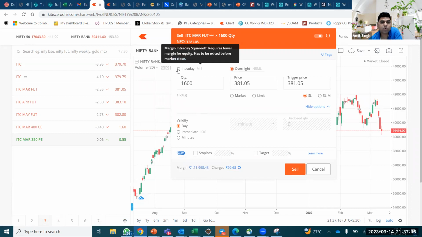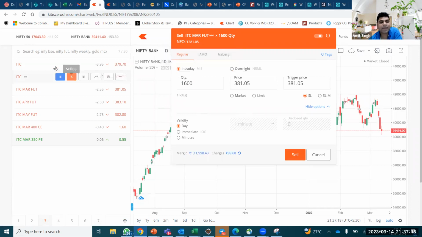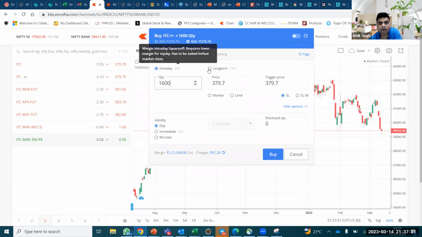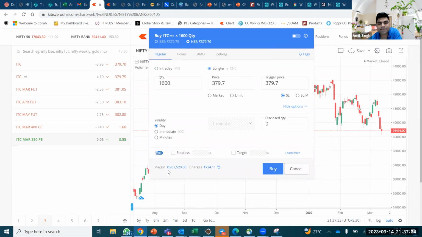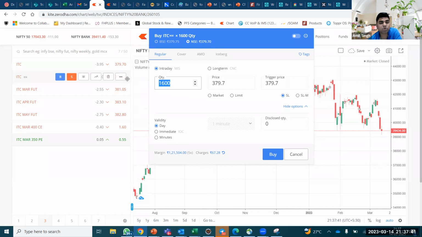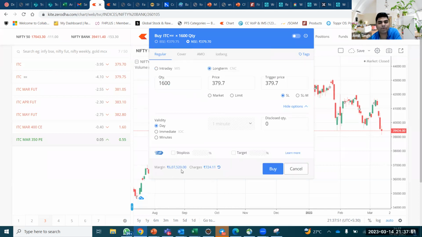Now if I want to buy 1600 ITC stock, how much money will be required in intraday? Long term is 6 lakh. And intraday is 1,22,000, which is the margin you are getting. But actually the price will be around 6 lakh rupees, 6.707, right?